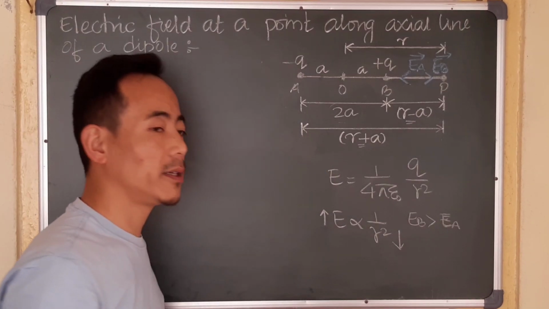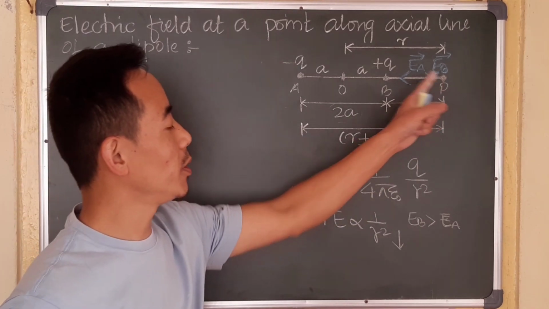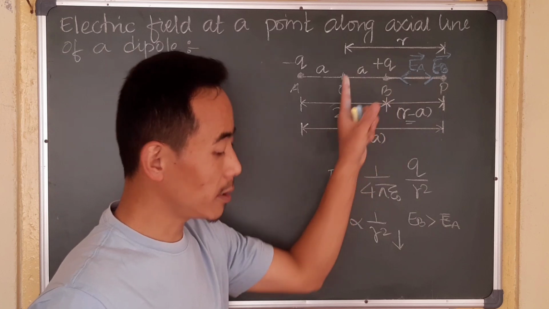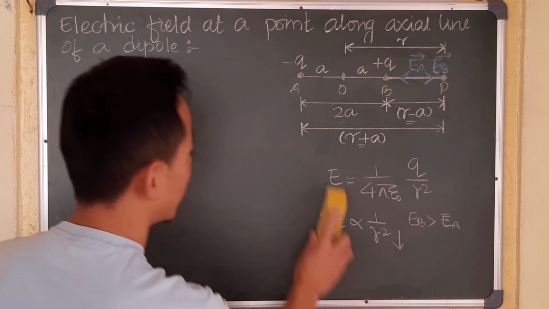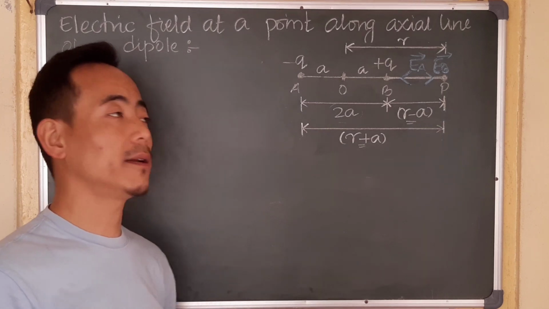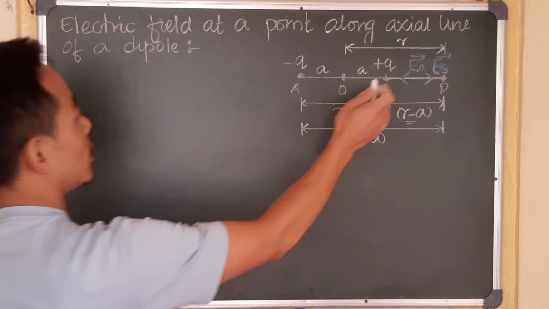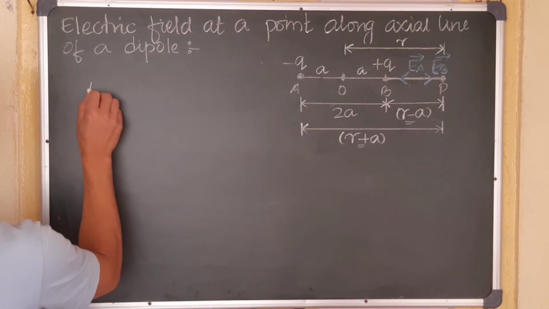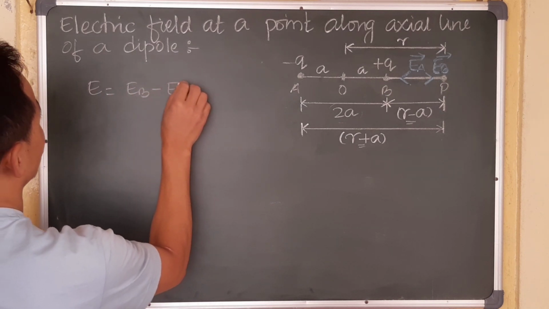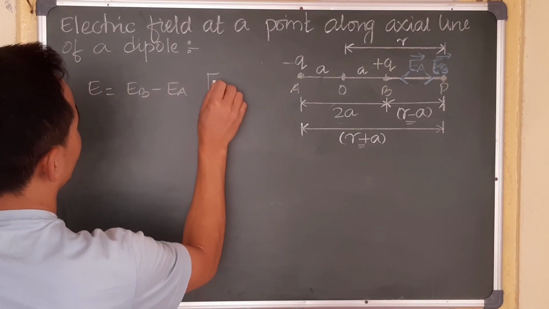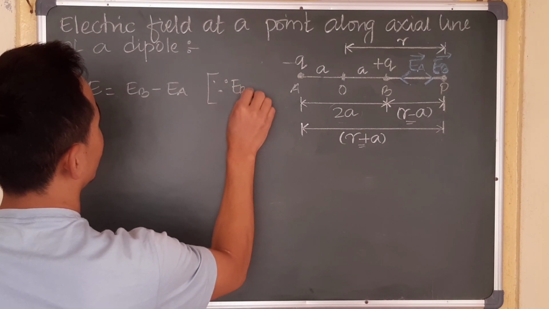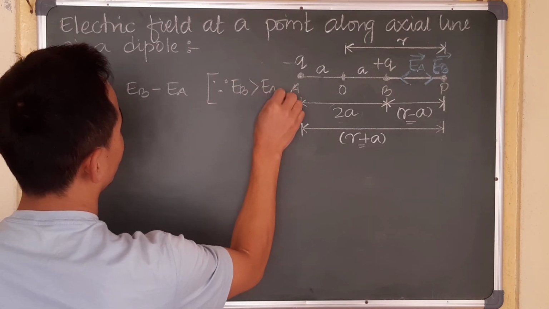Since they are in the opposite direction, we calculate the net electric field by subtracting the smaller value from the greater value. So the total electric field at point P will be EB minus EA, since EB is greater than EA.